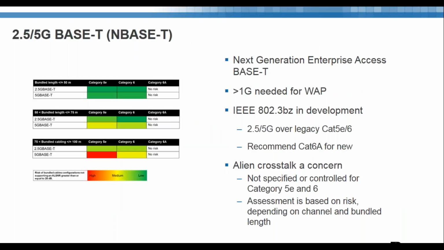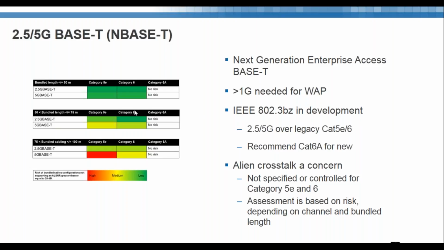So 2.5 and 5 gig base T, or N-base-T. You may also hear it called Next Generation Enterprise Access Base T, and this is, again, used for when greater than 1 gig is needed for access points. IEEE has developed 802.3bz, which is the standard for this, over legacy Cat5e and Cat6 cabling. The thing that you have to be concerned with here is your bundled length.